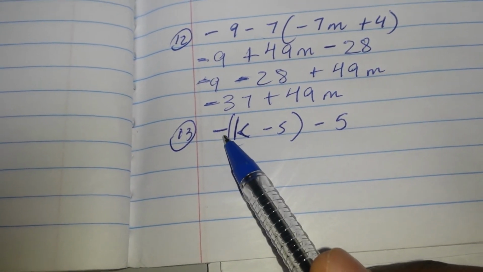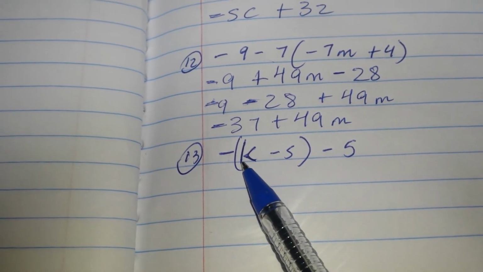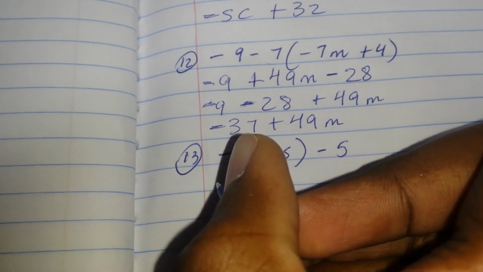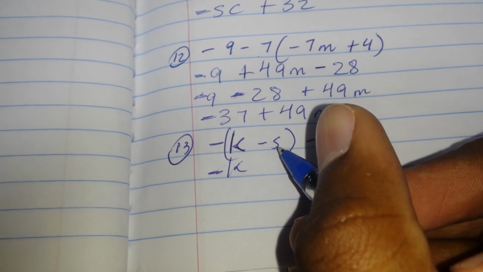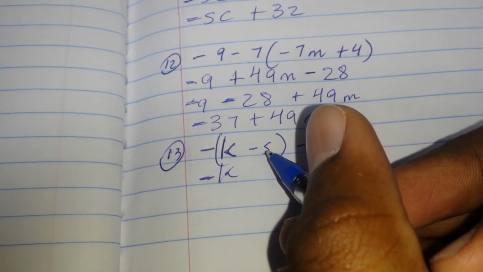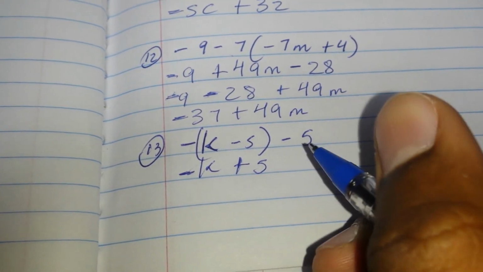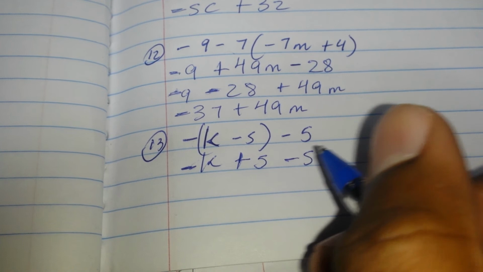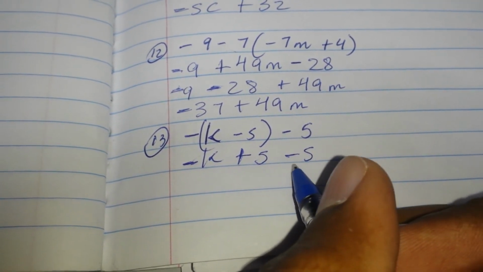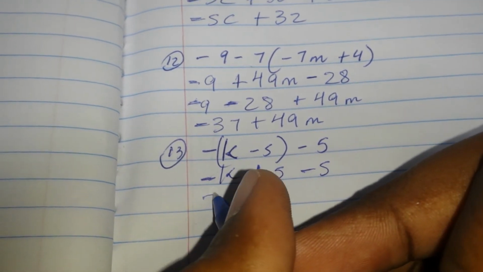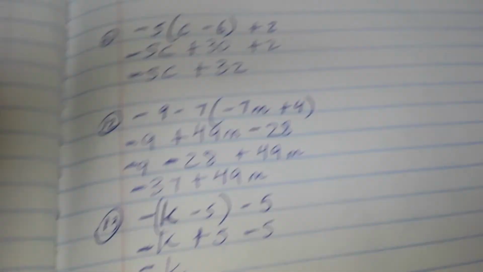Distribution law, expand the brackets, right? So minus 1 multiplied by k would give us a minus k, and minus 1 multiplied by minus 5 would give us a positive 5. And we have the negative 5 outside. So here we have the two like terms. 5 minus 5 is nothing, so that would leave us with minus k.